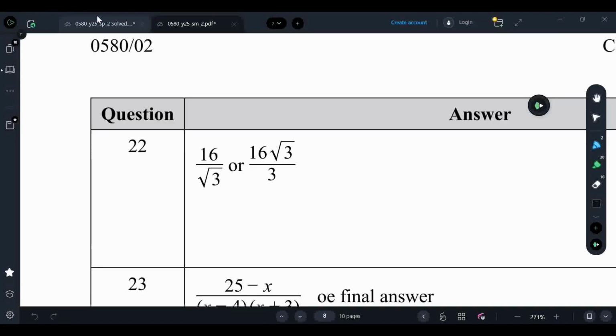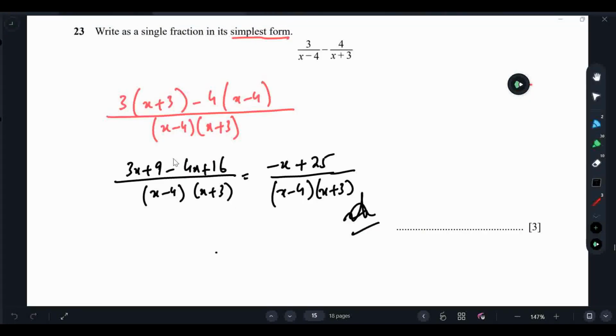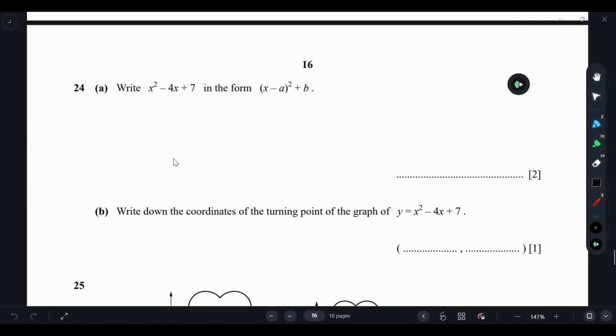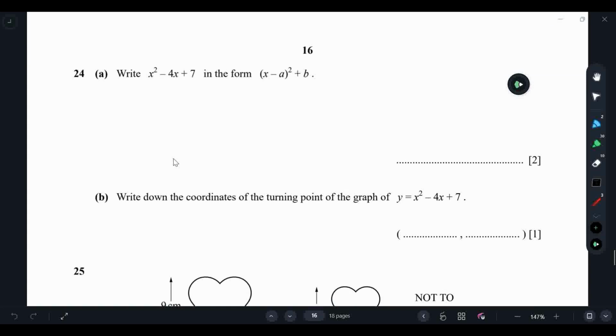Let's move to question number 24. Now in question number 24, write this in the form, this one is a completing square form. So what we need to do is, we need to simply write it like this: x square minus 4x plus 7 is equal to a square minus 2ab plus b square.